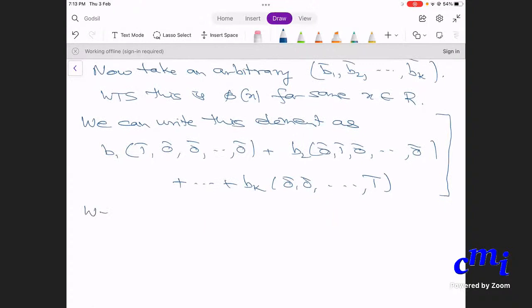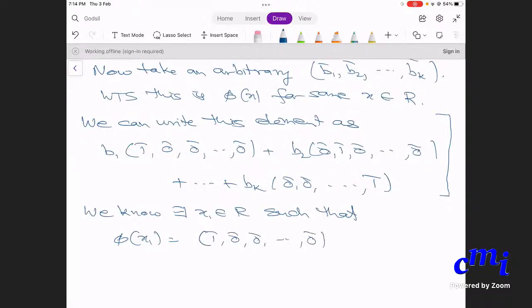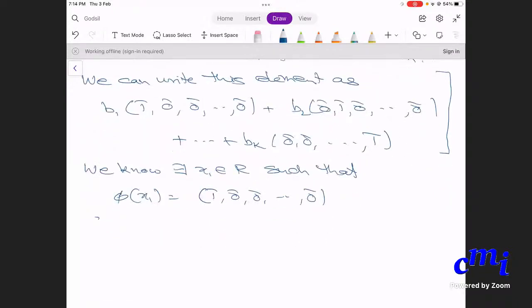So we know that there exists an x1 in R such that phi of x1 equals 1 bar, 0 bar, 0 bar, 0 bar. And similarly x2, x3, up to xk.